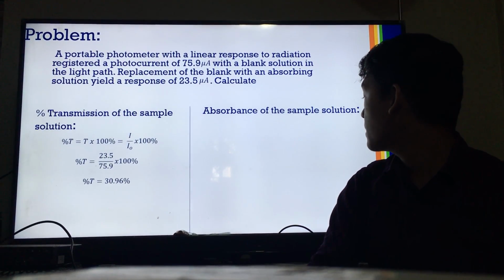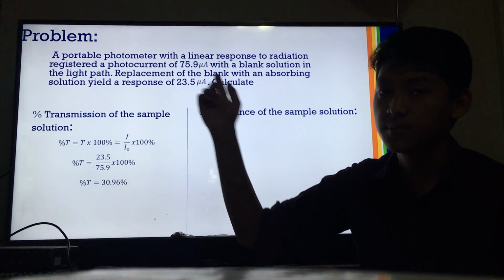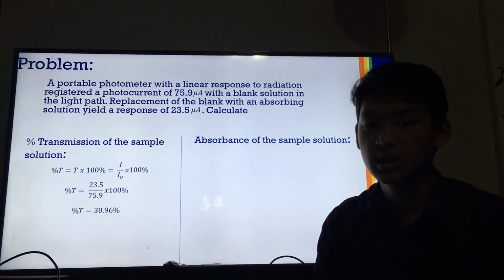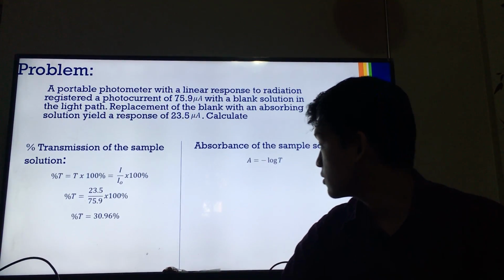So the absorbance of the sample solution. From the same problem, commonly the absorbance of the sample solution is being found out in the lab.